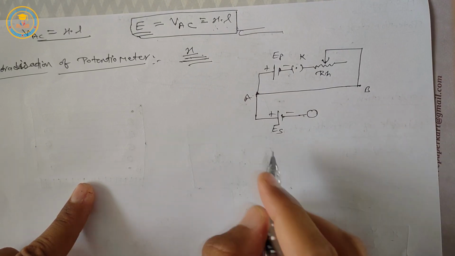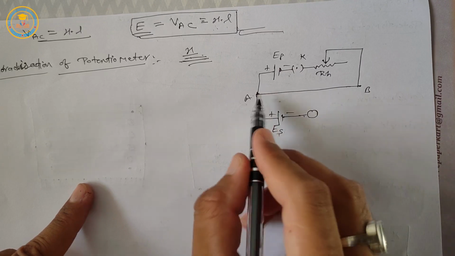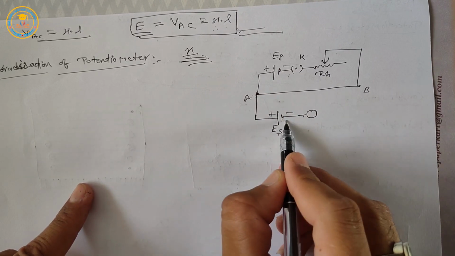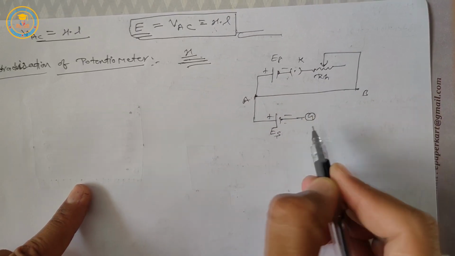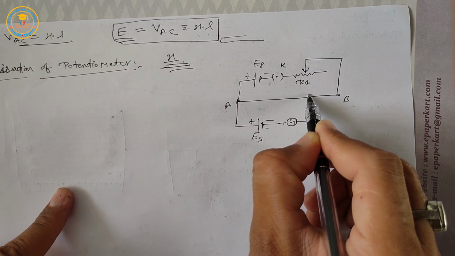The positive terminal of this standard cell is always connected to point A, and the negative terminal is connected to the galvanometer, and the other end of the galvanometer is connected to the jockey.